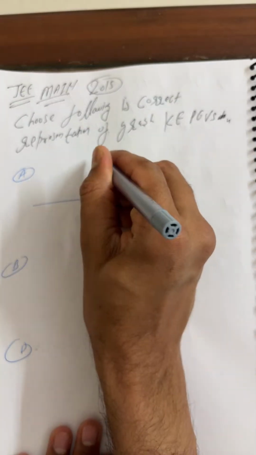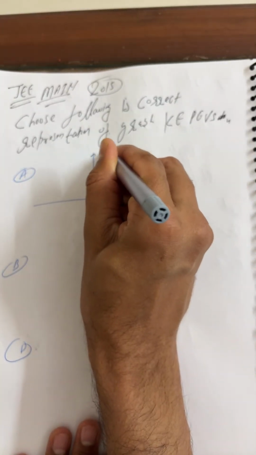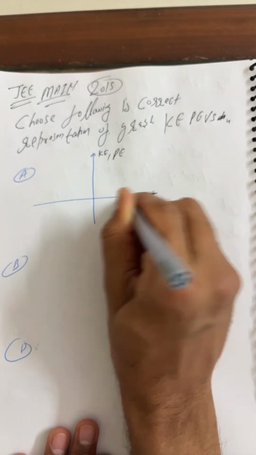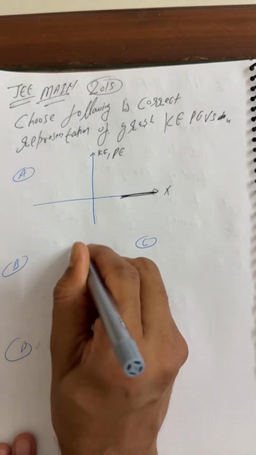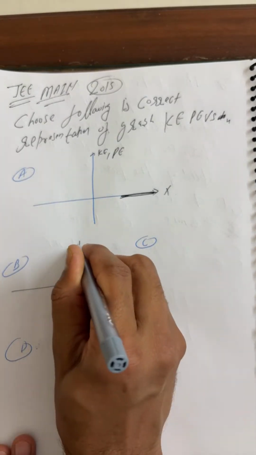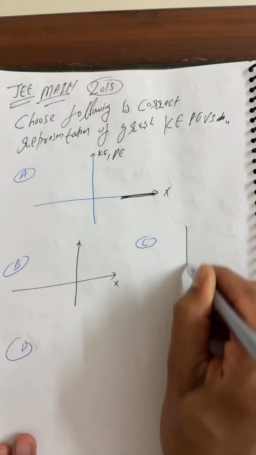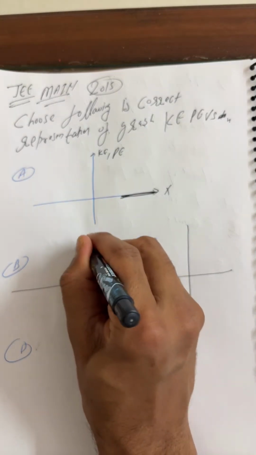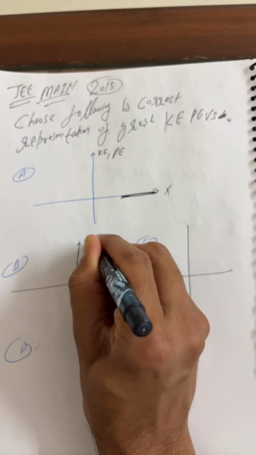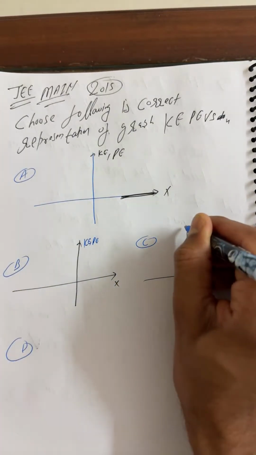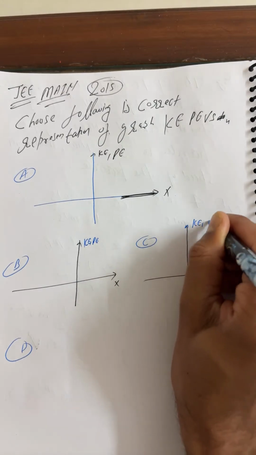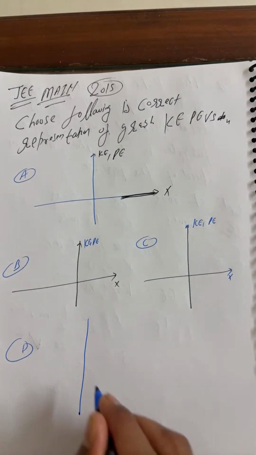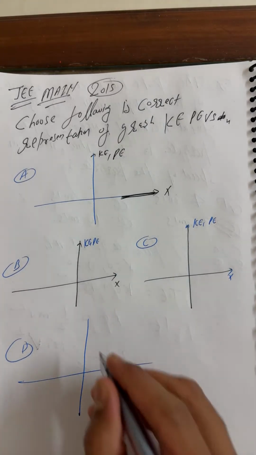Students, kinetic energy and potential energy, and this is the displacement x.